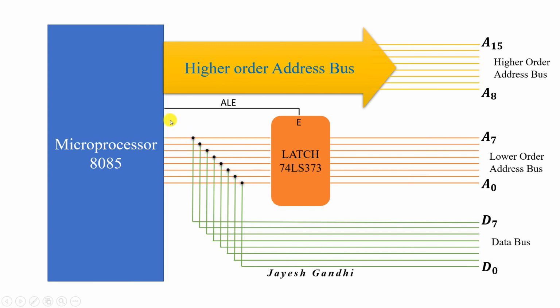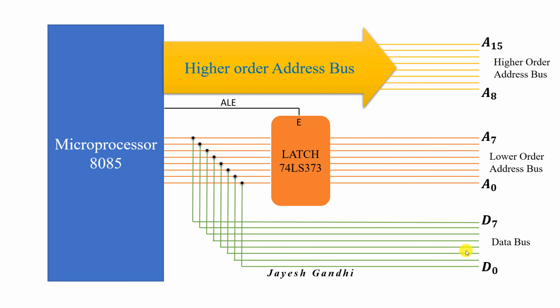So as soon as you give the address and issue the ALE signal, it is latched over here, and then the bus is free for communication of data. So that brings us to the end of this session. We have talked about the memory organization, the address and the data related to memory, the concept of address bus and data bus.